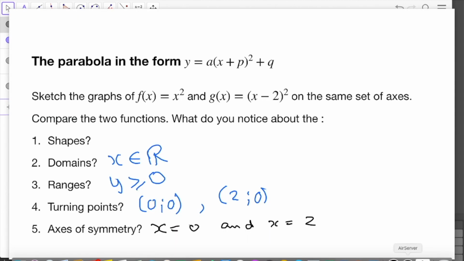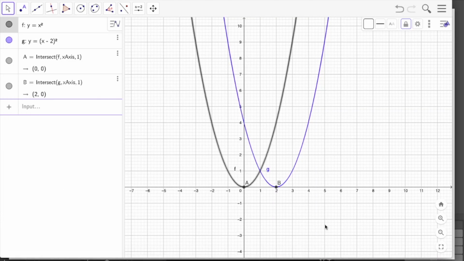So we said the shapes are the same, the domains are the same, the ranges are the same, the turning points are different. So I want us to ask ourselves why the turning points are different. And obviously, if the turning points are different, we expect the axis of symmetry to be different as well. The turning point for the first graph is at (0, 0), but the turning point for the second graph is at (2, 0).